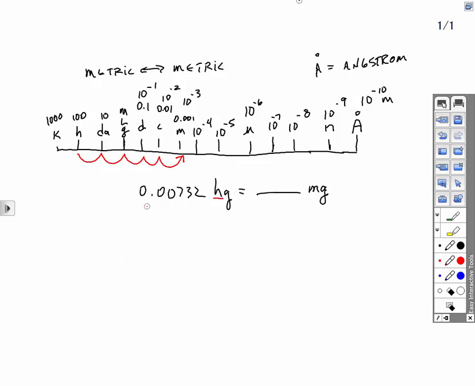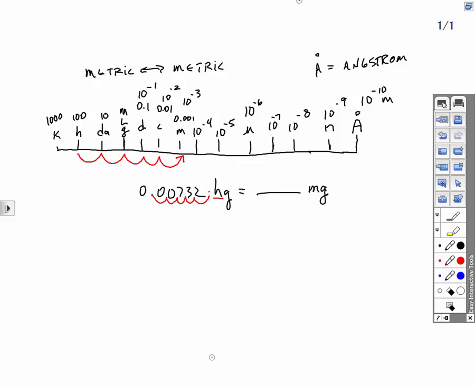So the decimal that I have in this number, 0.00732, I want to move that decimal 5 places. Okay, I had to count it again. 5 places, and I'm going to move it to the right. If you move it to the left, you miss the problem. So I'm going to the right. So here we go: 1, 2, 3, 4, 5.